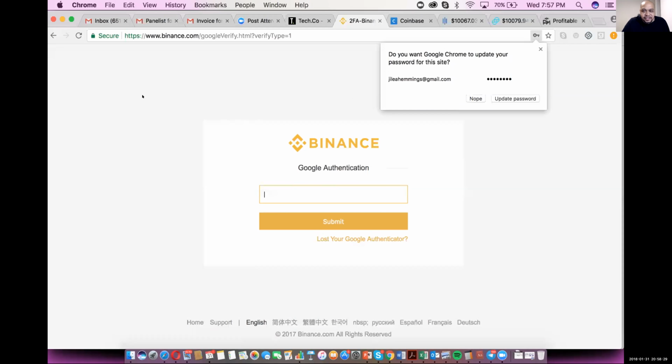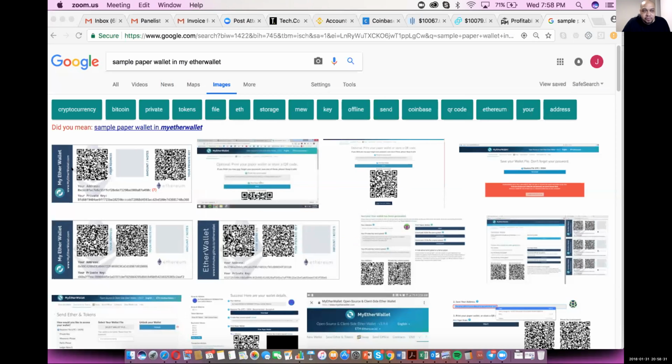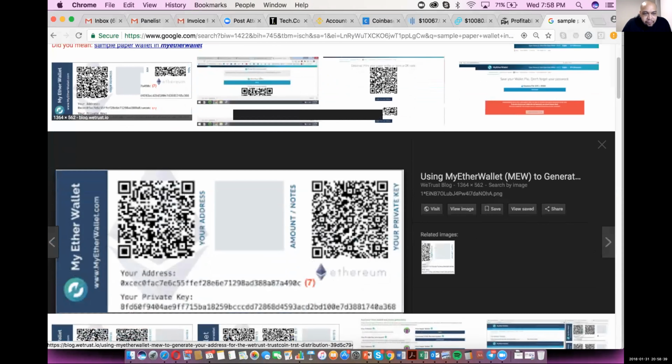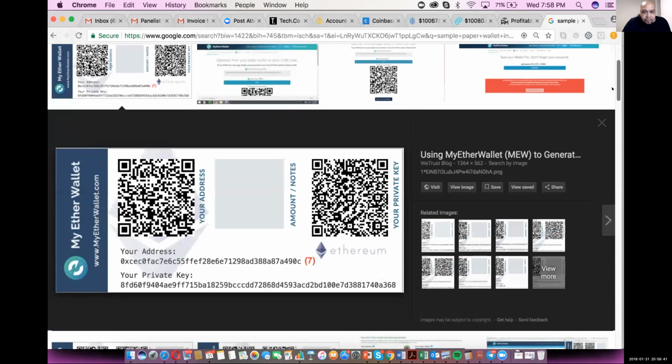So a paper wallet is just another form to store your currency, right? It consists of a public key and a private key, and you need both to really extract that money and change it to whatever form you want to turn it into. Just to give you an idea, like my Ether, this is an example of what it looks like.